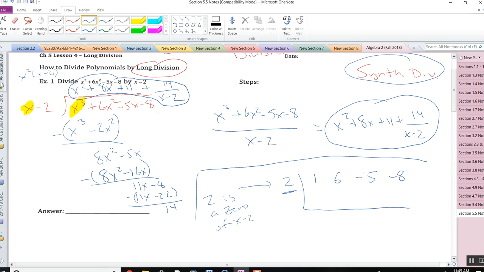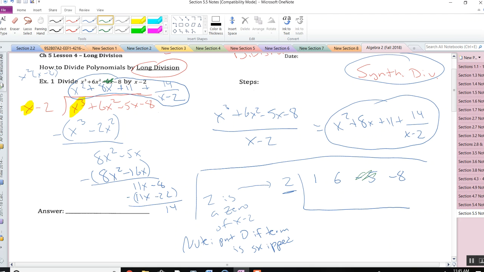Now, by the way, a little note: you want to put a 0 if the term is skipped. What I mean by that is, what if there were not a negative 5x? What if it was x cubed plus 6x squared minus 8?